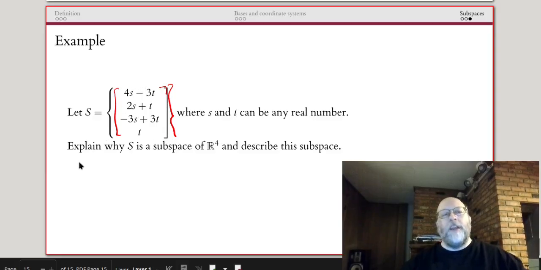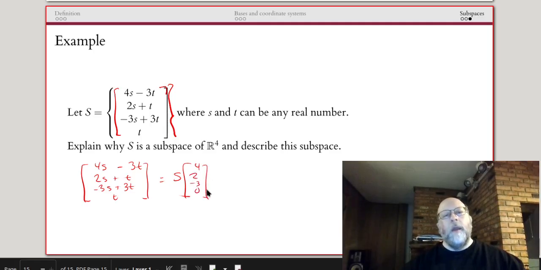Well, I'm going to take this vector here and separate out the s's and the t's. This is s times (4, 2, -3, 0) and t times (-3, 1, 3, 1). That is just a set of linear combinations, and that's a span.